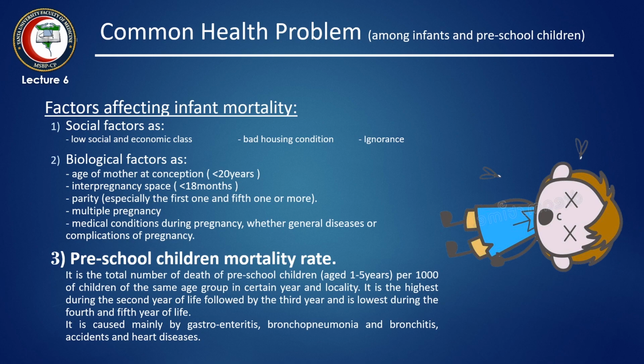These three groups were found to be in association with high infant mortality, as when low socio-economic standard, bad housing condition and ignorance are found, the infant mortality is increased.